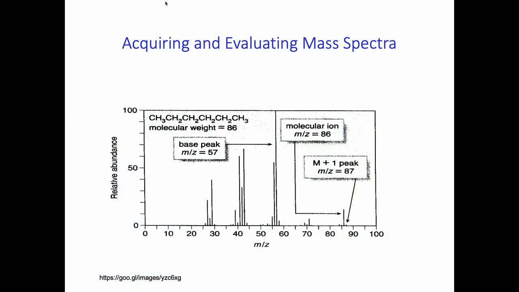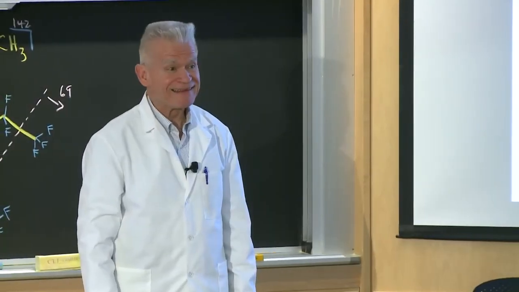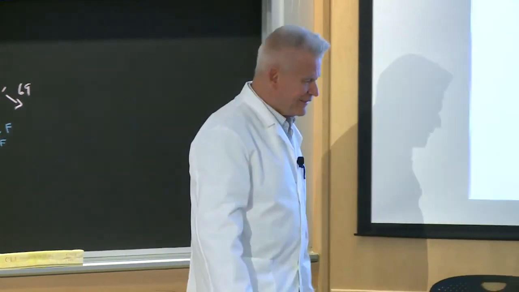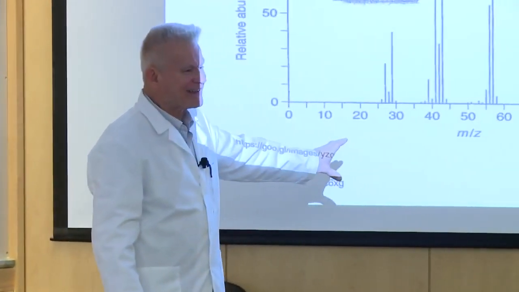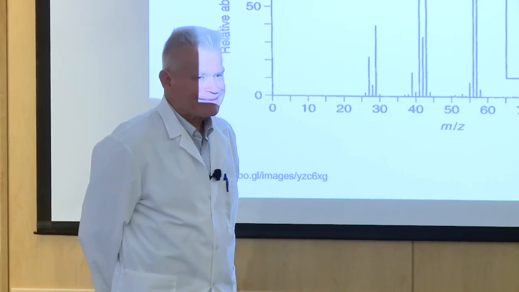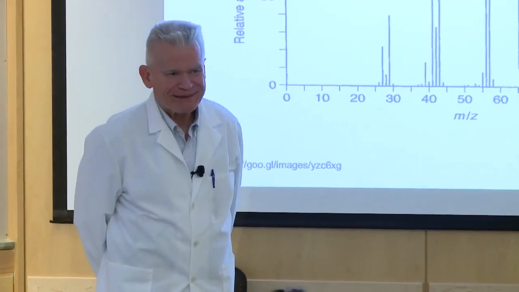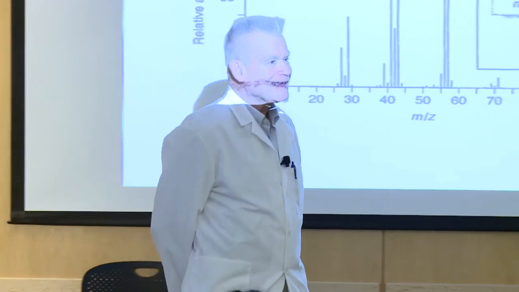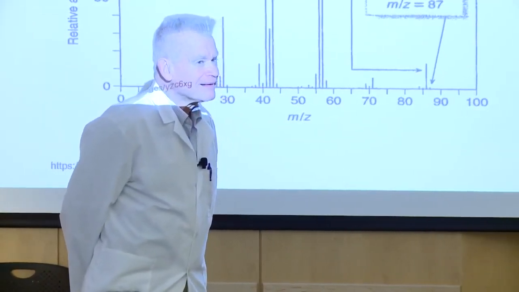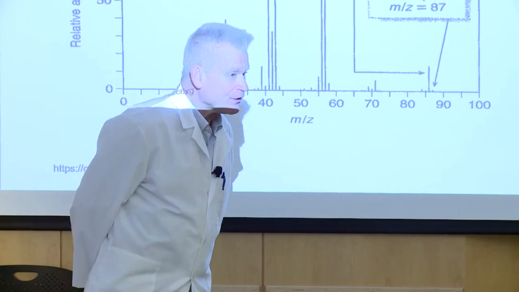What about the M+1 peak here? What is that? There's no chemical ionization going on here. What's the M+1 peak? Yes, Deb? You're like a deuterium residue. Did you say something with carbon?